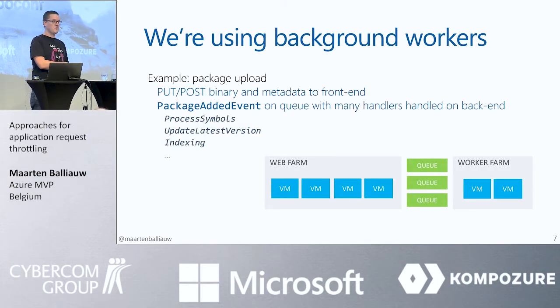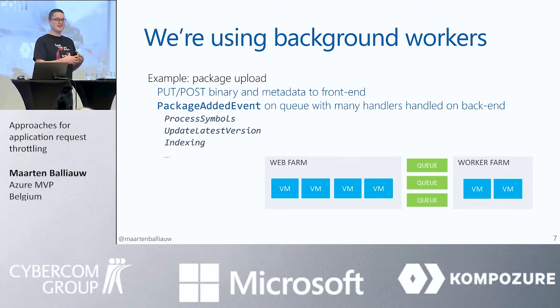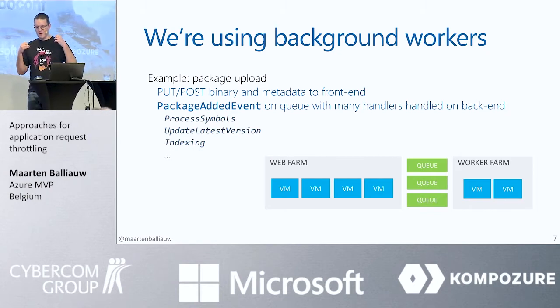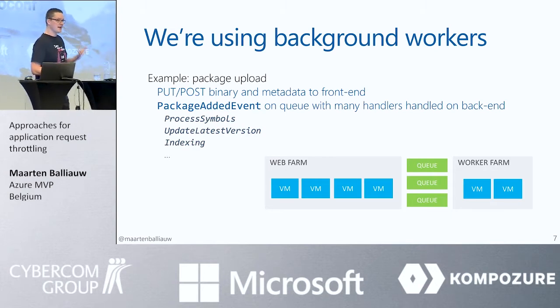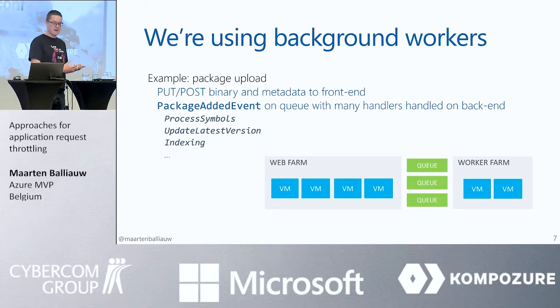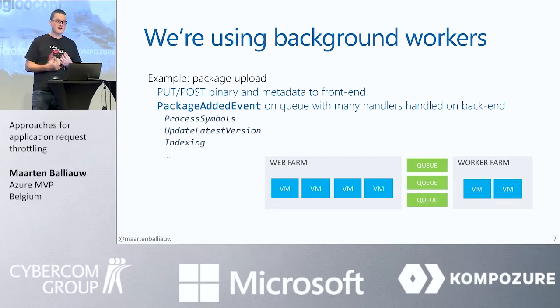We were smart, and when we started building this, we made everything a little bit asynchronous, which means that when something happens in the front end, you publish an event or a command to a queue, and that queue gets processed by background workers. Imagine you are adding a package to your feed on MyGet. A message or an event is posted on an event bus, and we have a farm of worker roles that do a lot of things with that event.